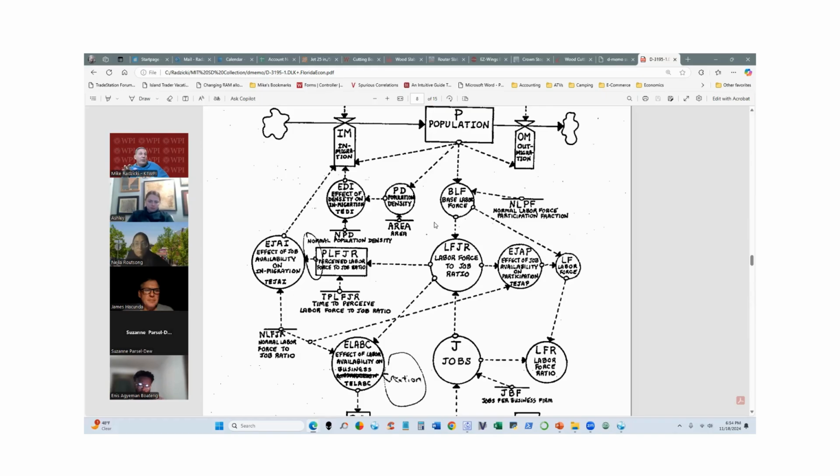Where's the healthcare? Where's the whatever? And then you say, well, that's really not necessary for the problem statement you've given me. And I've had this happen to me more than once. The response I get is, I don't care. I want to see that stuff in the model. And I will say, well, you don't need it in there, and it's going to cost you more. It's going to take me more time to do it, blah, blah. And they go, I don't care. I want to see that in the model.